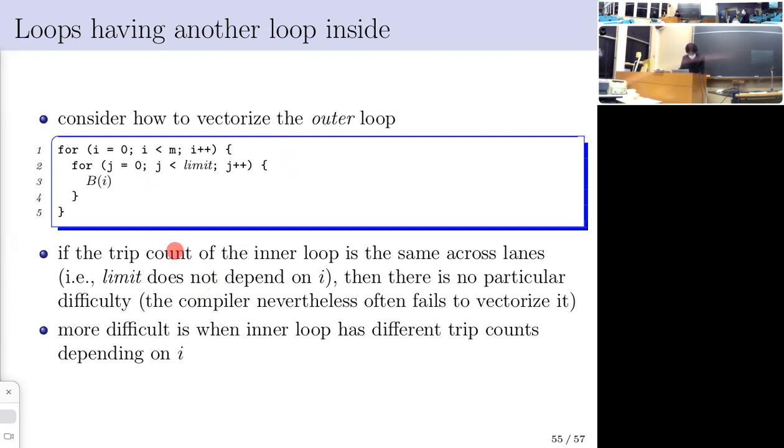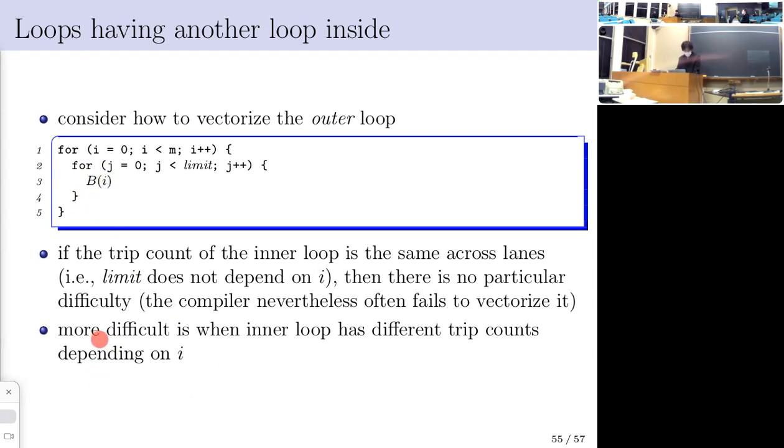So the trip count of the inner loop is the same across all the lanes. I mean, it doesn't depend on this I. Then there's no particular difficulty in executing this entire loop in a vectorized fashion.